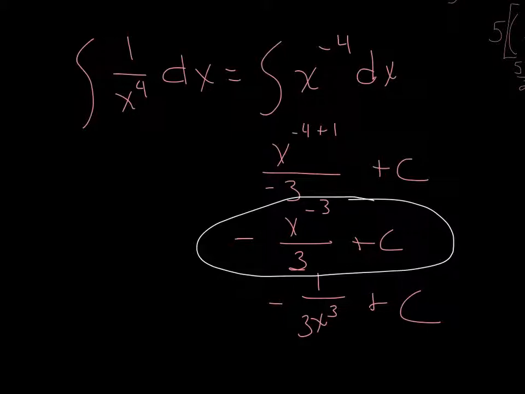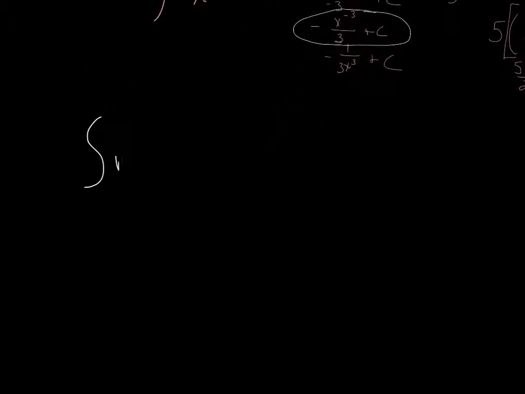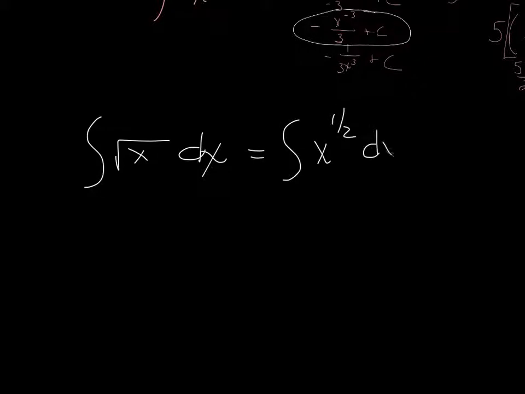All right, let's look at another one. How can I rewrite this one, Olivia? How would I rewrite that one? x to the 1 half. Nice. So, what's 1 half plus 1? 3 halves.